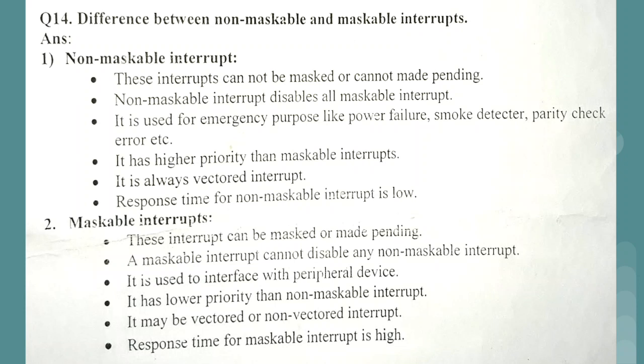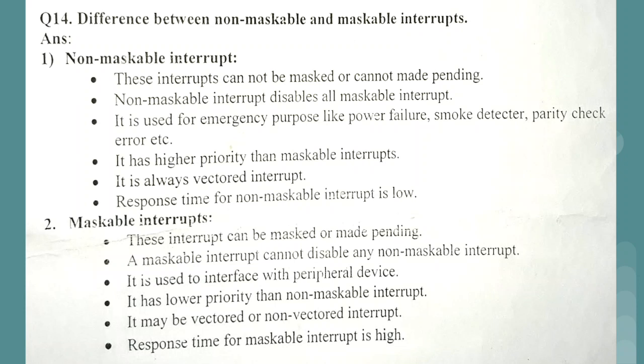And as we see the maskable interrupt points, the first point is that this particular type of interrupt can be masked, means made pending. We can complete the execution and then at the end look at the problem and find the solution. So it can be made pending.